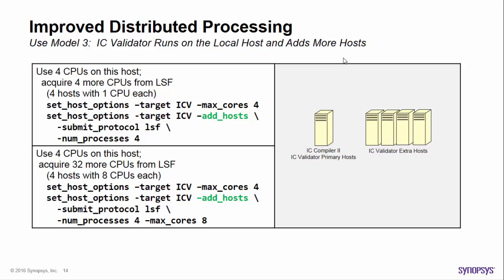The machine configurations that are specified with add_host are both optional resources and maximum resources. The resources that may be given to IC Validator at the beginning, middle, or end of the run may not be given at all.